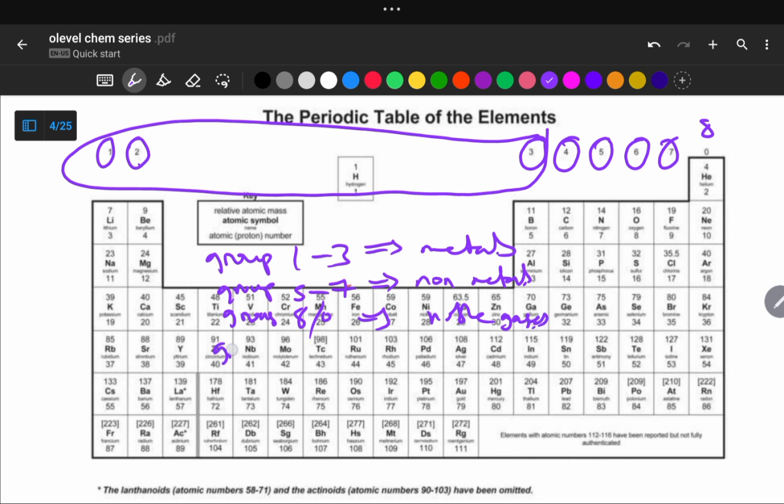And then group 4, we have an anomaly. We have an increment in the metallic nature as we go down the group. So we are starting with carbon. This is the non-metal. Let me highlight on the periodic table so that you won't forget. These two are what you call the semi-metals. They lie in between the metals and the non-metals.